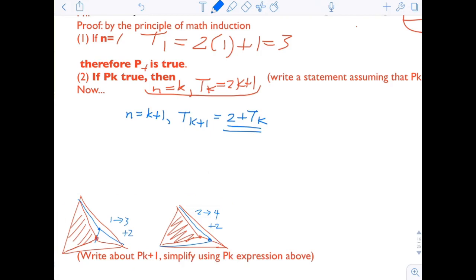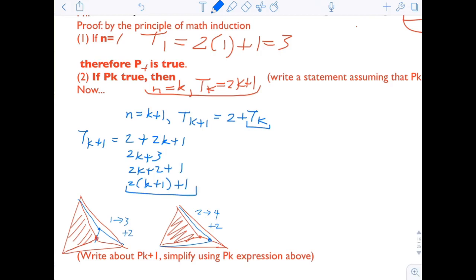Now we're going to take this equation here and substitute in T of k, which we assume to be true. We get 2k plus 1. Now, if we rearrange this, we could separate it into 2k plus 2 plus 1, and we could factor out the 2.